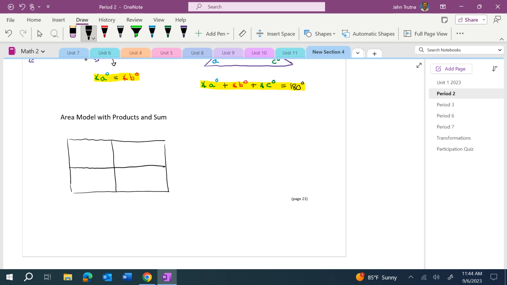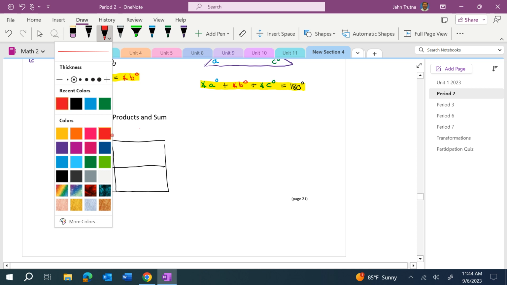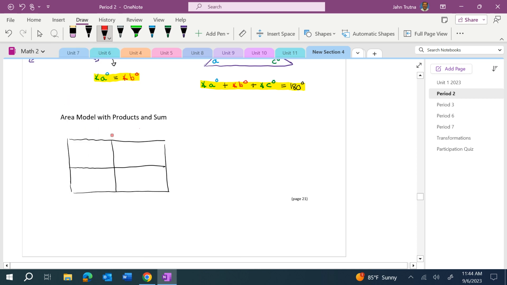Okay? At the top of the outside of the top left rectangle, write a 3x. On the outside at the top of the top right rectangle, write a plus 6. On the outside on the left of the top left rectangle, put an x.